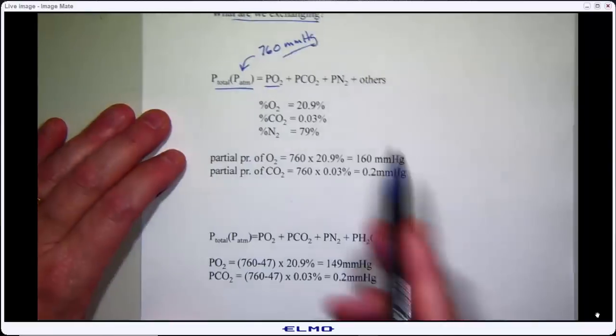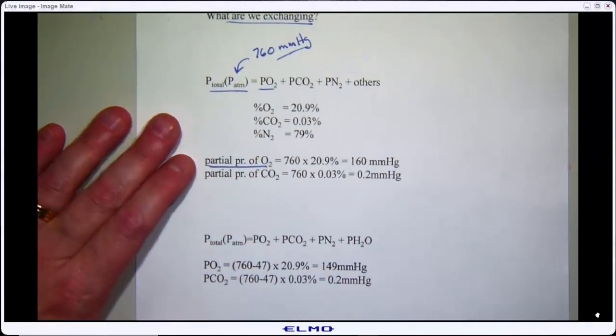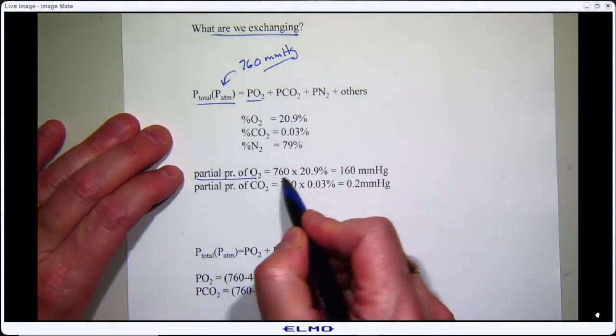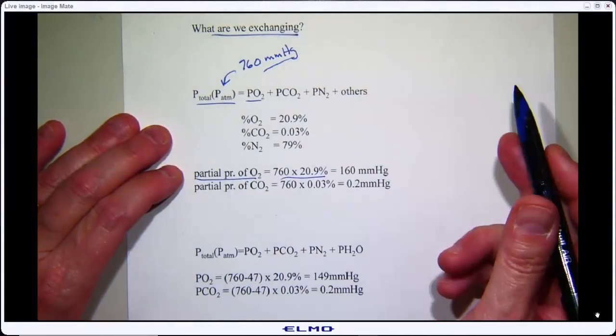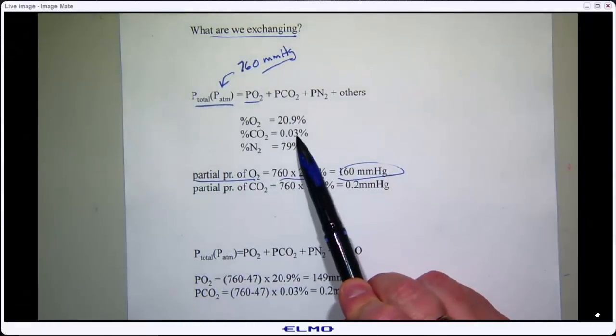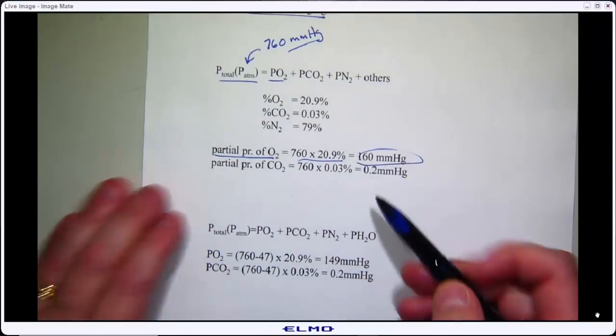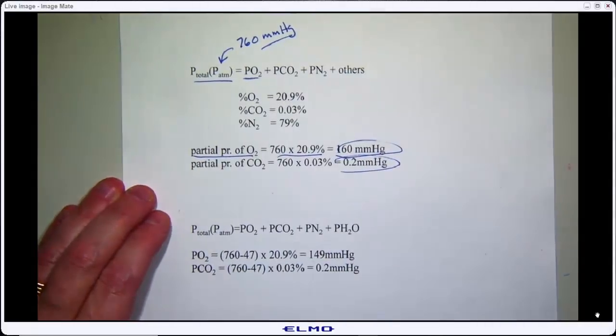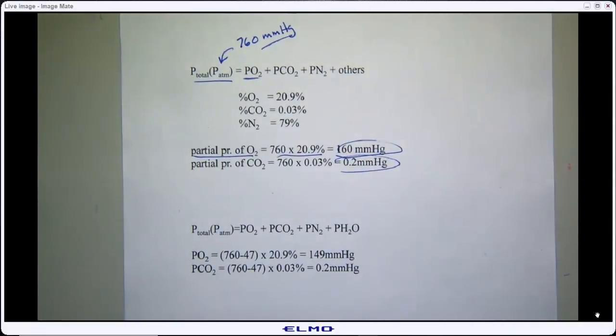So the partial pressure of oxygen of our total is just 21% of 760. So we have a partial pressure of oxygen in the air of 160 millimeters of mercury. That's where that number comes from. When it comes to CO2, 0.03%, the partial pressure of CO2 in the air is about 0.2 millimeters of mercury.